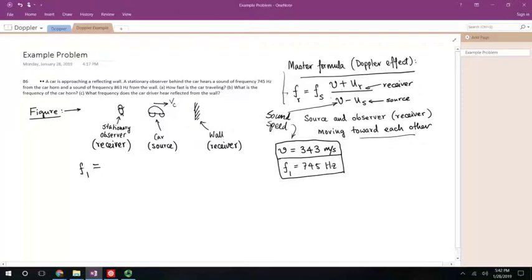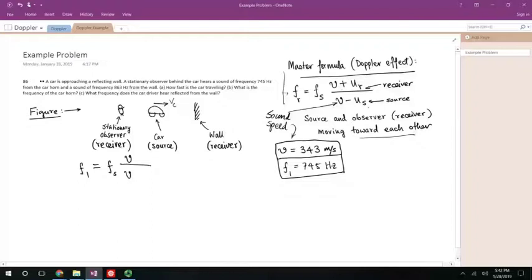So we go to the master formula and write F1 equals Fs, which is the frequency that the car is emitting, multiplied by V plus UR. Now, UR represents the speed of the receiver, but here the observer is stationary, so there is no UR, divided by V minus US.